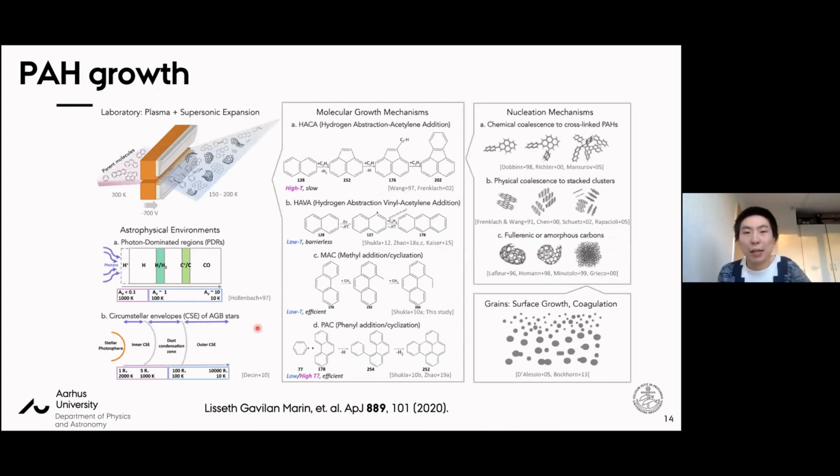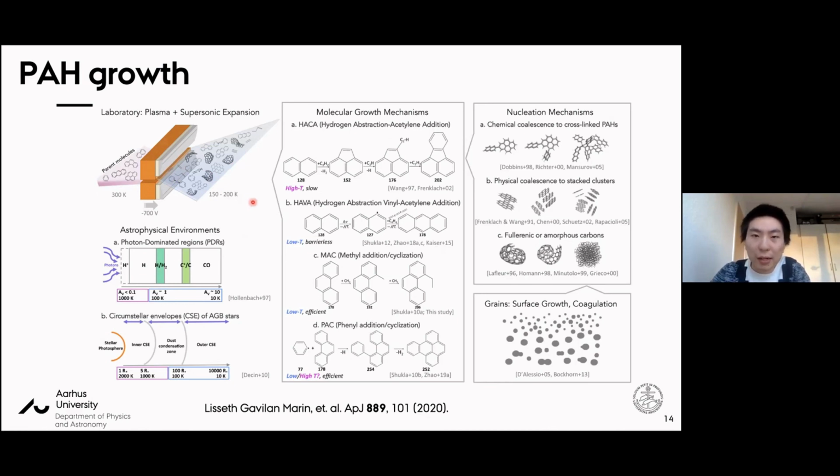And then I just want to briefly mention how this work can be relevant to astrochemistry. There is a nice paper showing how these PAH growth can happen in the interstellar medium. First, the pristine PAHs can undergo some energetic processing to generate these reactive species, and then the dimerization or further growth can happen between these reactive species.